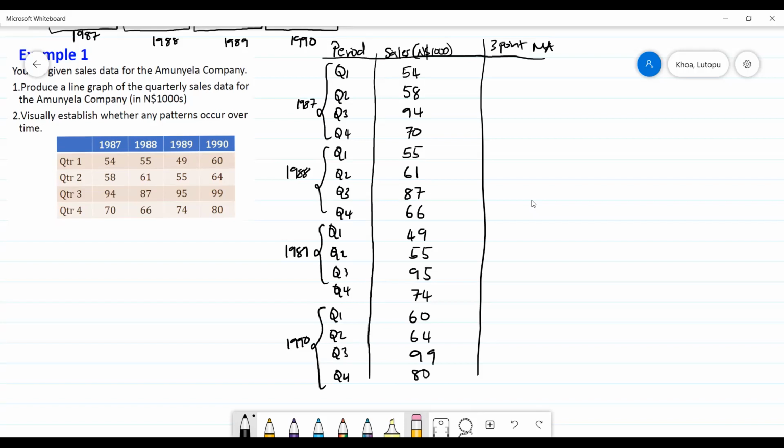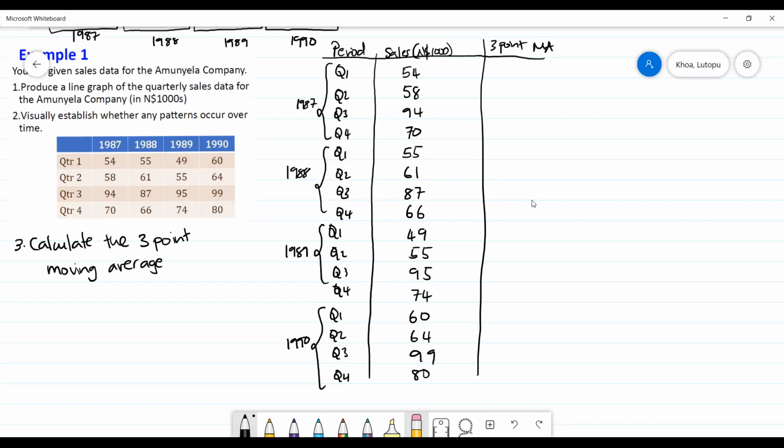Okay, so this is question 3, calculate the 3-point moving averages. The way this works is pretty simple.